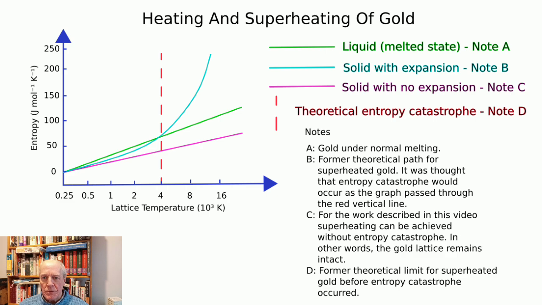What they predicted was that above this particular temperature, which is 4 times the melting point for gold, the metal would undergo an uncontrolled expansion, and hence we get this sort of exponential part of the curve.